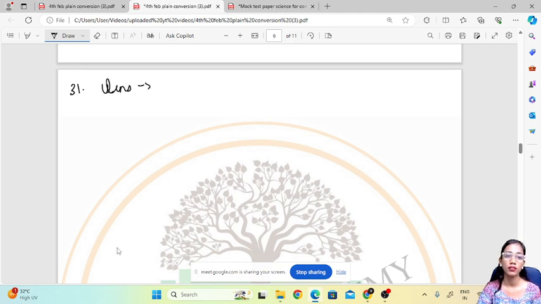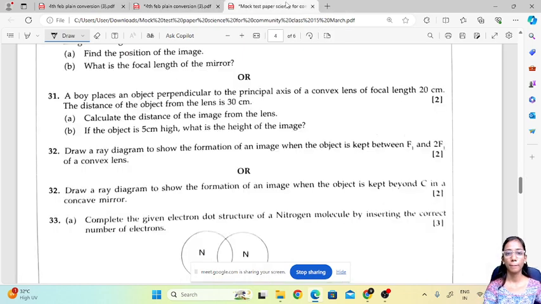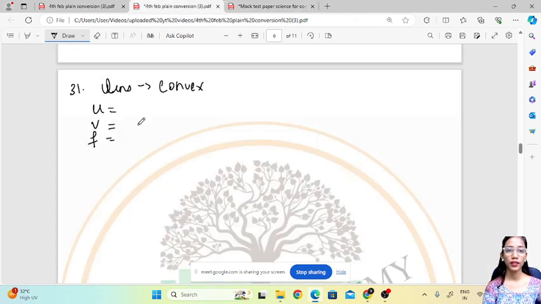Lens is a convex lens, then f, focal length is 20 centimeter.